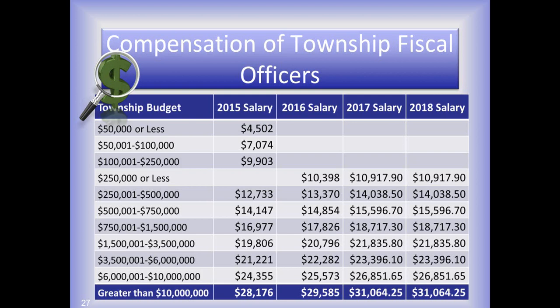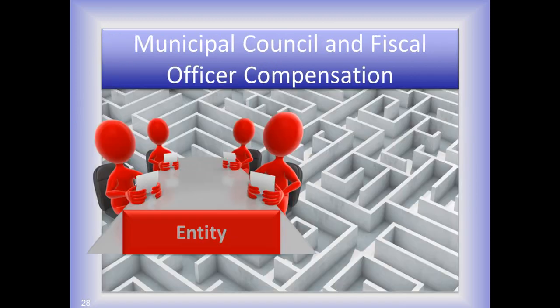The Ohio legislature fixes the amount of compensation for township fiscal officers in the biannual budget. Now for everyone else other than townships. The compensation for municipal officers, cities, and villages is not constrained by the budget of the entity as it is for townships. The council, through legislation, fixes the compensation of all officers, clerks, and employees of the village.